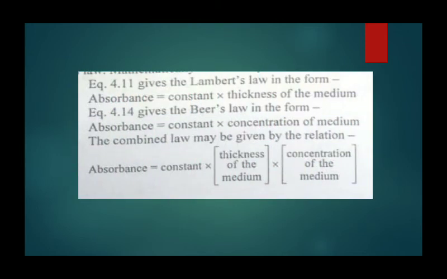See here, the absorbance is equal to constant into thickness of medium into concentration. That means absorbance is directly proportional to thickness of the medium and concentration of the medium.